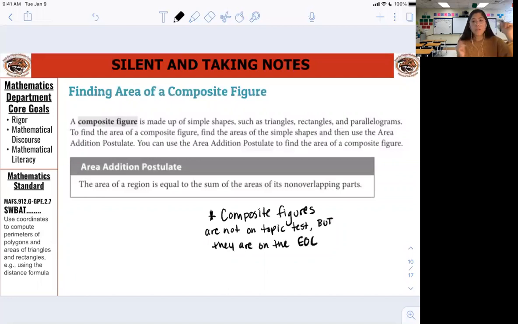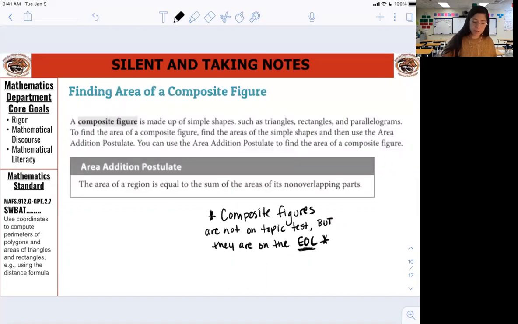So you don't necessarily have to memorize them or practice them for the next test, which is coming up, but they are on the EOC, so you will have to know them later on. So we're going to do them now, and then study it later when it's a little bit closer to the test.